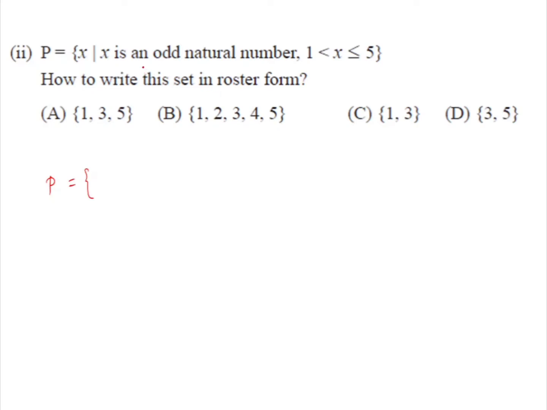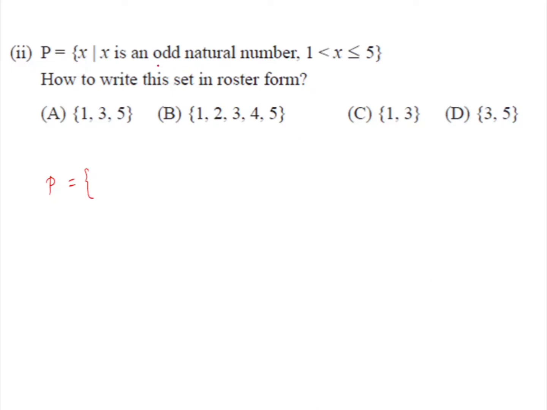So we need all those odd natural numbers which are greater than 1 and which are less than or equal to 5. So 1 is an odd number, but we cannot take 1 as we need the numbers which are greater than 1. So the next natural number which is greater than 1 is 2, but 2 cannot be taken here because 2 is an even number.